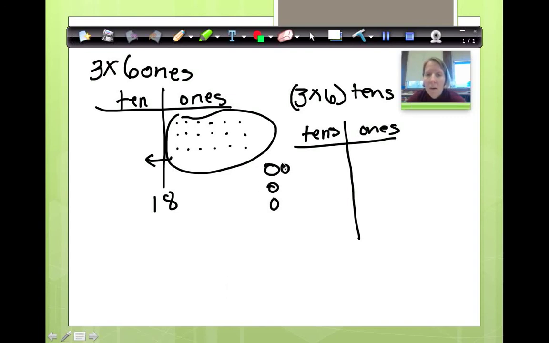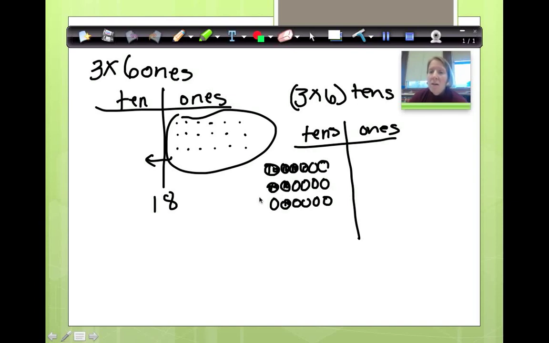1, 2, 3, 4, 5, 6. And how much is in each one? 10, 10, 10, 10, right? There's 10 in each of them. Doesn't matter which one, they're all 10. This one, they were all 1s. Now they're all 10s because they're in the 10 pocket.